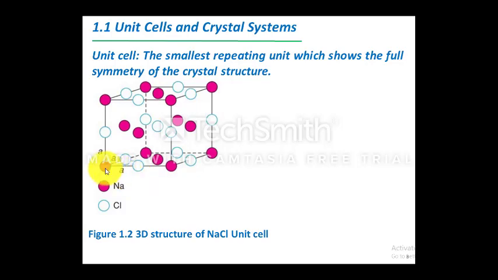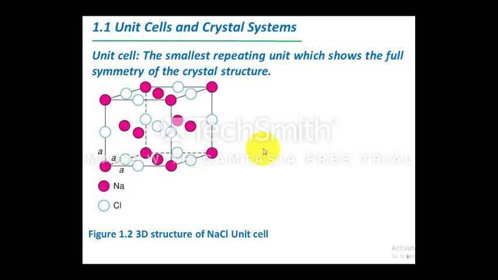In this cube we can see at the corners there are sodium atoms, and between two sodium atoms, for example this one and this one, there is a chloride ion, and similarly on this side there is chloride. So after each sodium there is chloride, again sodium, again chloride, again sodium.